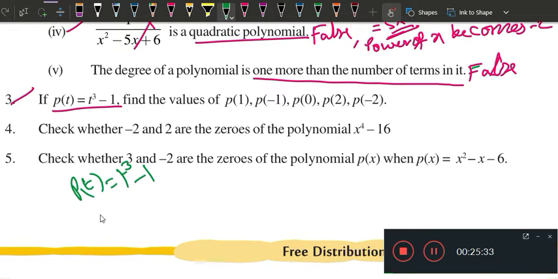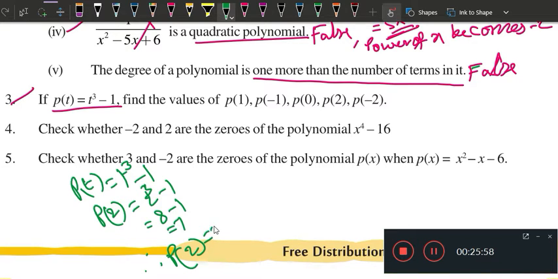Then P of 2 means substitute t equal to 2. 2 cube minus 1. 2 cube means 8, that is 2 into 2 into 2. 8 minus 1 becomes 7. Therefore P of 2 is equal to 7.